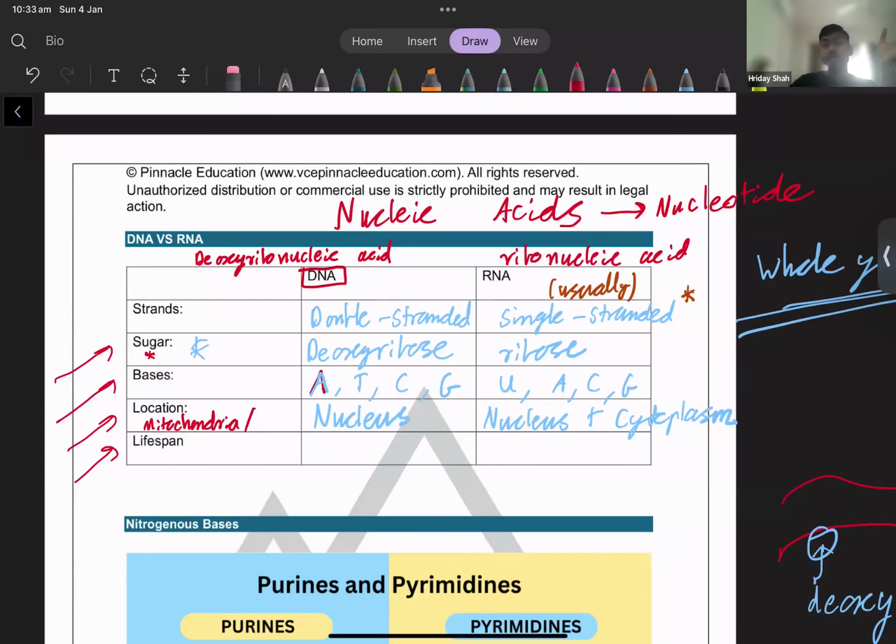Later on in the year, particularly when we get to cellular respiration and immunology, that is when we'll be focusing on DNA in the mitochondria and in the chloroplast. And why does this cause other differences, or how is it different to the DNA in the nucleus? So you're absolutely correct that DNA is found there. But for this particular topic, our emphasis is DNA in the nucleus.